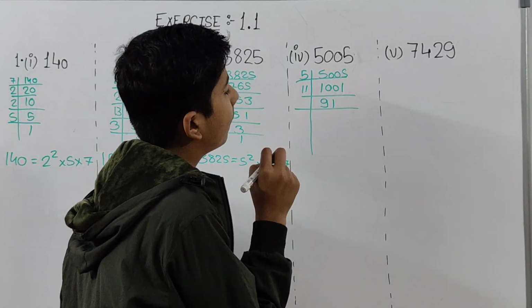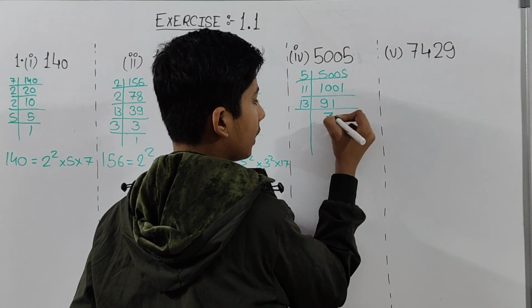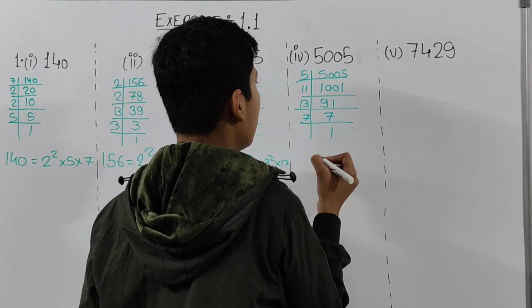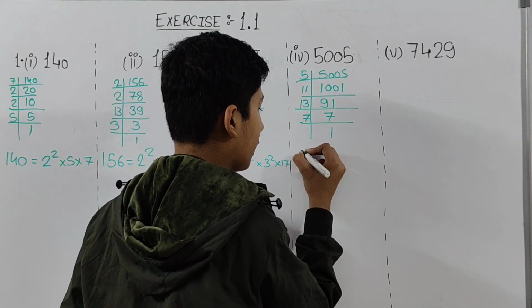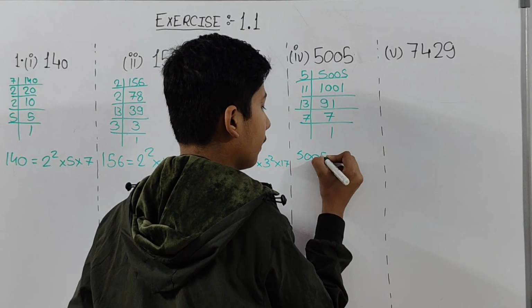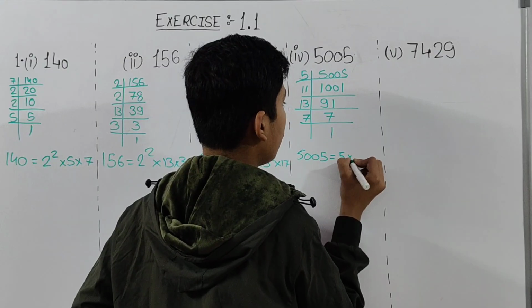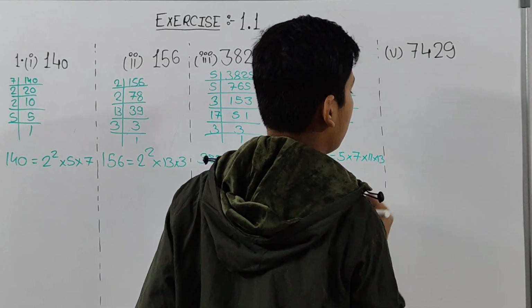Now 13 sevens are 91. So 7 ones are 7. Now there is nothing common, so we'll write them multiplication directly. 5005 equals 5 into 7 into 11 into 13.